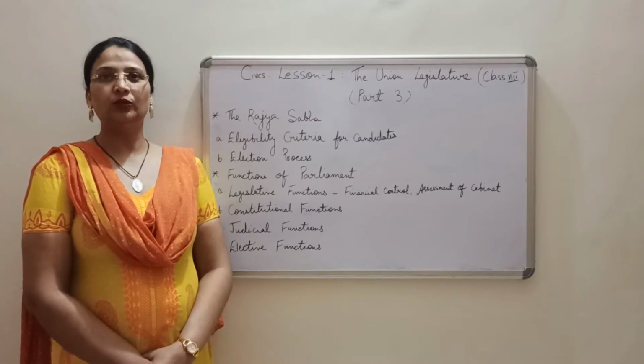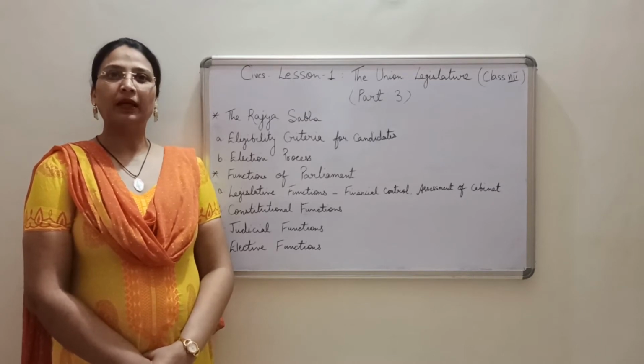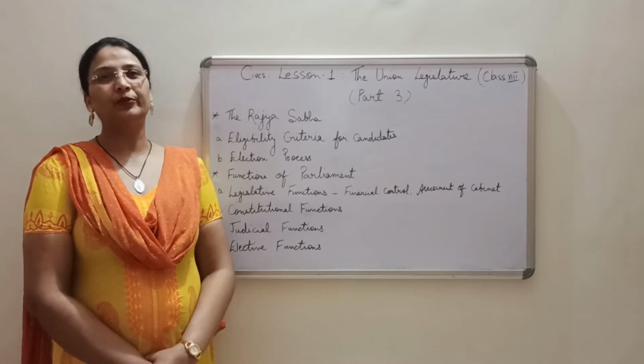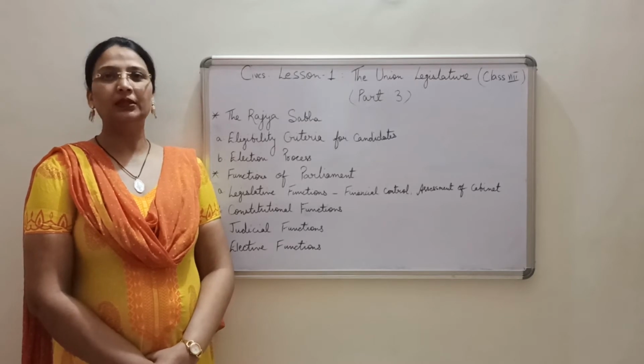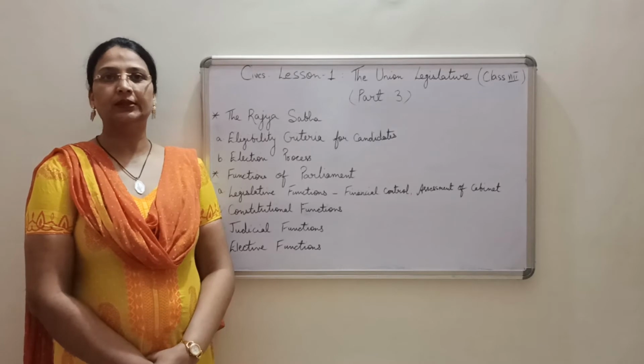In the earlier videos, we have studied the introduction, the parliamentary form of government, the distribution of power between Union and State Legislature, the Union Parliament, the Lok Sabha and the formation of government.